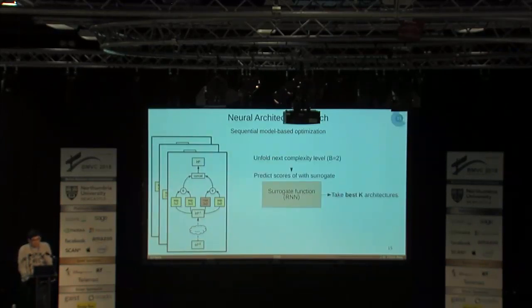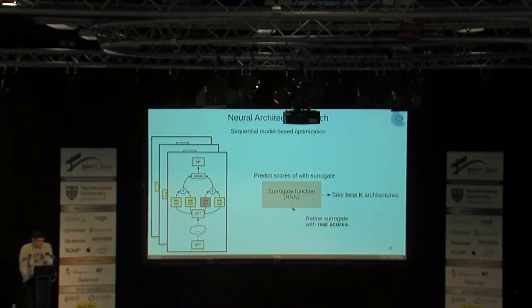At the next step, you unfold the complexity level. That means now you have another set of blocks. Now you have way more architectures, and this time you don't want to train them all. You want to ask the surrogate function what are the best K architectures according to the predictions it is making about the score.